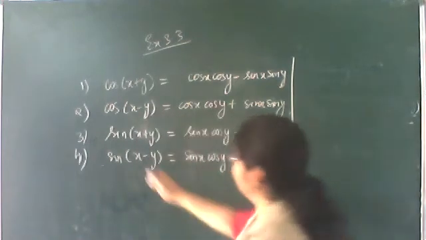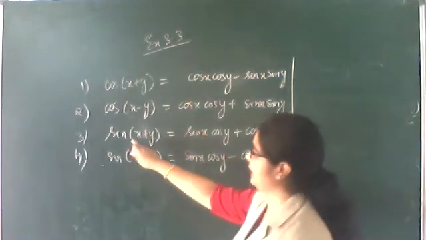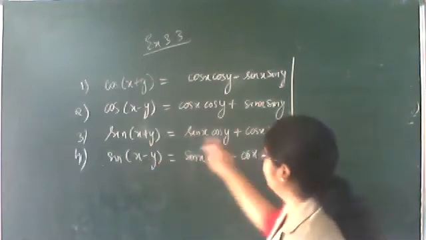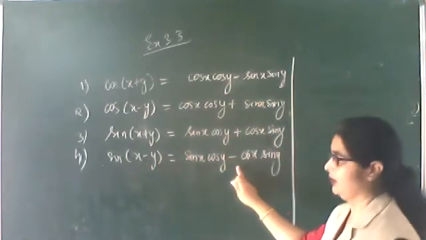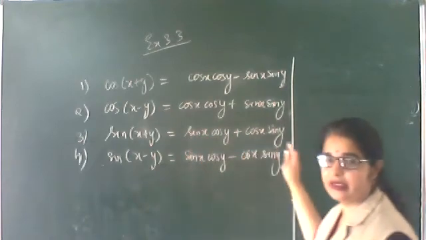Just see here in sine, I told you it was only valid for cos. In sine, one sin and one cos is coming, and in plus it will come plus, in minus it will come minus. First sin x cos y, then cos x sin y.